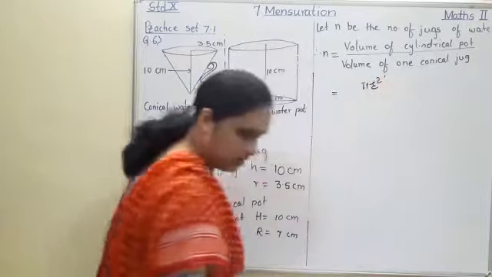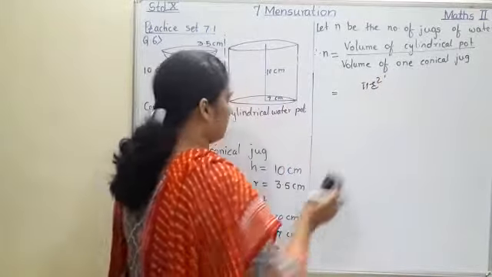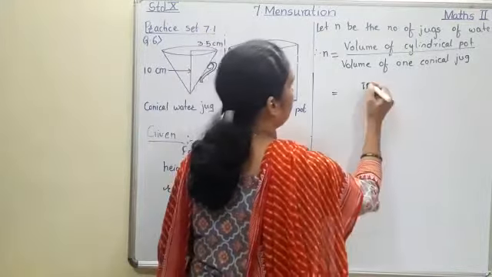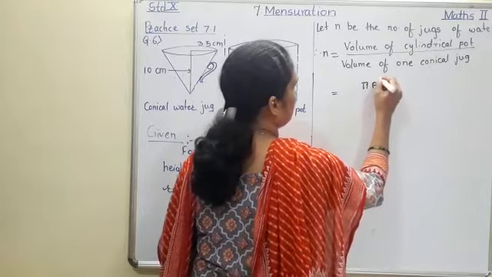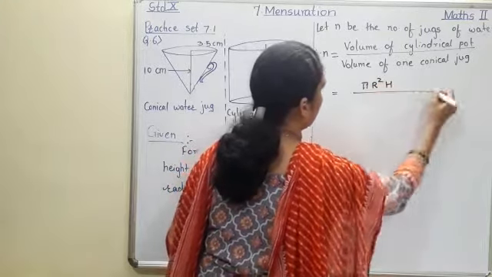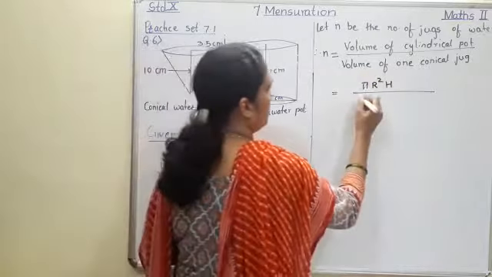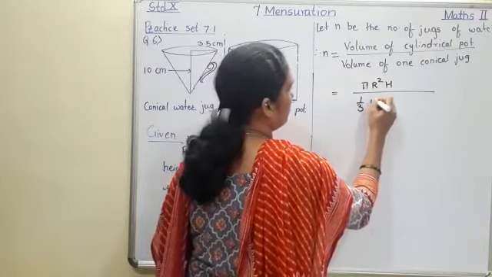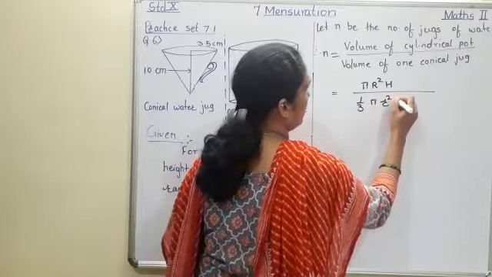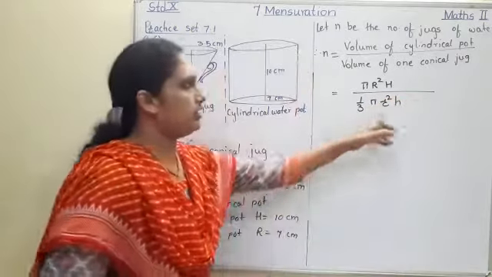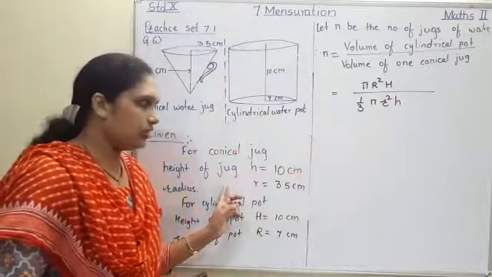This time capital R we have considered. So pi R square H upon the volume of one conical jug, which is 1 upon 3 pi r square h. This r and h we have considered for the conical jug.